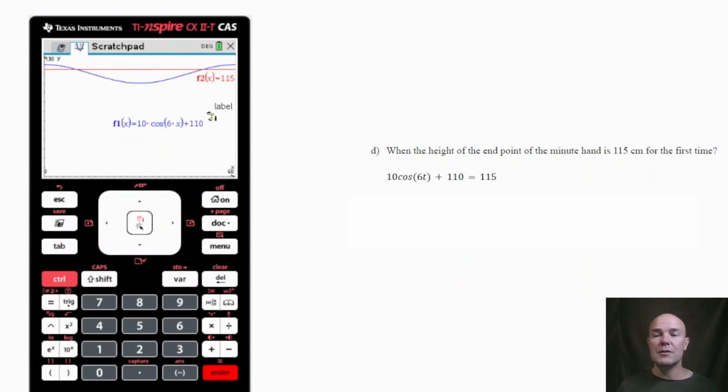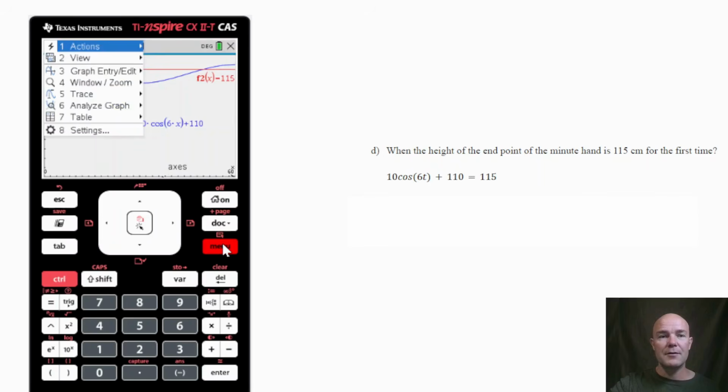And the question was when the height is 115 for the first time. This is something we have to be careful with for cosine and sine, that those are periodic functions. So we will have an infinite number of solutions to this equation, but we are only looking for the first time those two functions have the same value, meaning we are looking for this first intersection point.